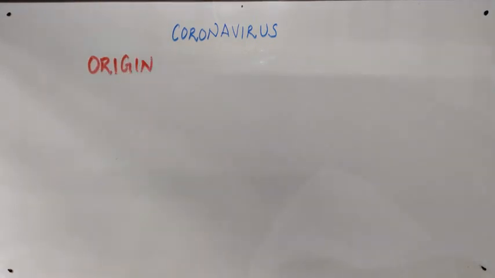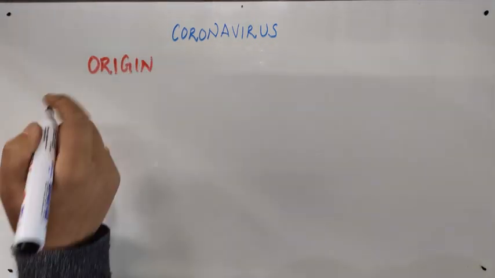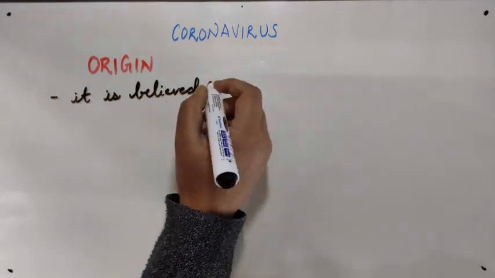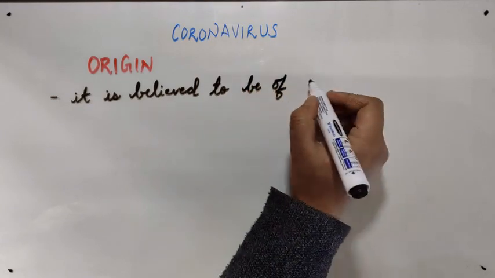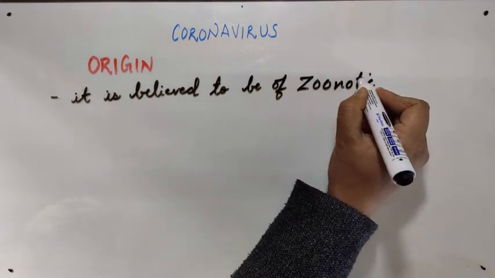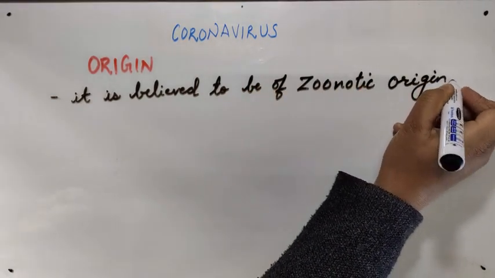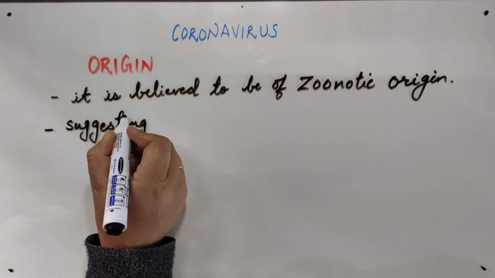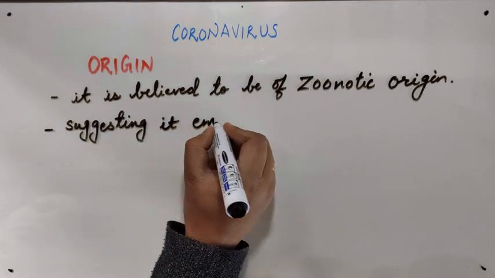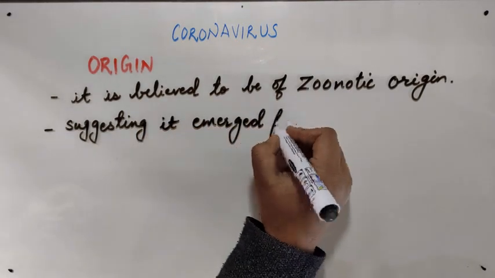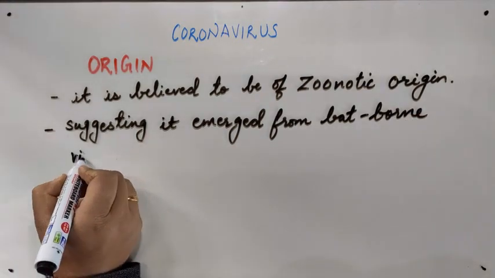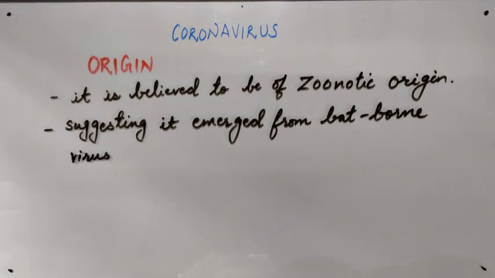Origin of SARS coronavirus 2. In December 2019, in Wuhan city of China, in its meat market, the first outbreak of coronavirus disease has occurred. It is believed to be of zoonotic origin, animal origin, suggesting it emerged from bat-borne virus.